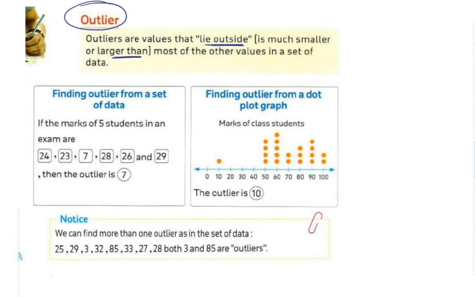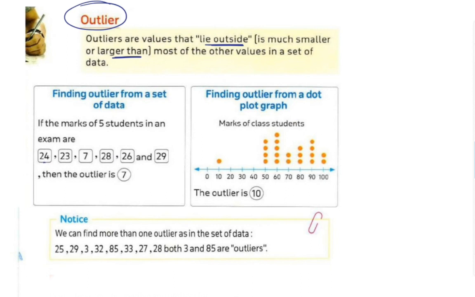Now look at these values. Here we have 24, 23, 7, 28, 26, 29. Now which one is the mode? There is no mode here, because I have no repeated value. But what is the outlier?